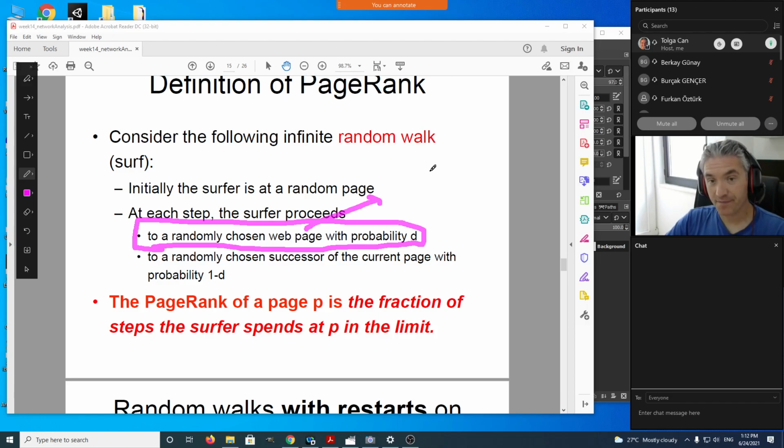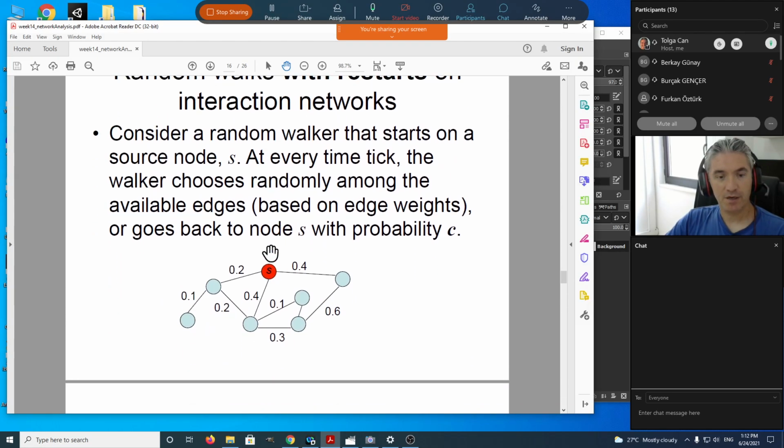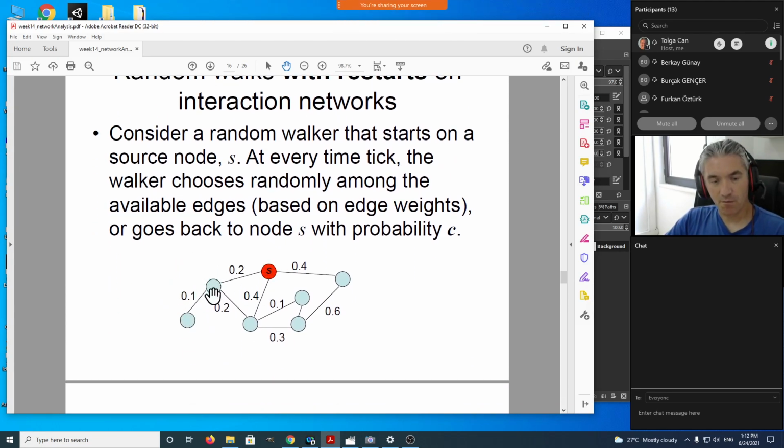Say you are interested in 5 genes, and instead of jumping to any arbitrary protein, you jump to one of those 5 proteins that you're interested in. Then that means it's a random walk with restarts.